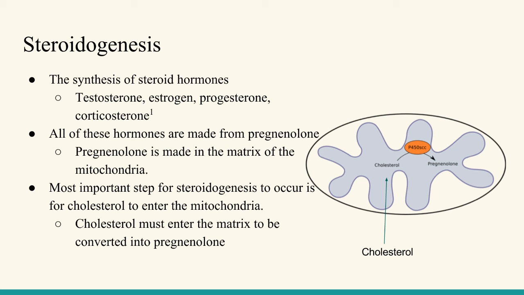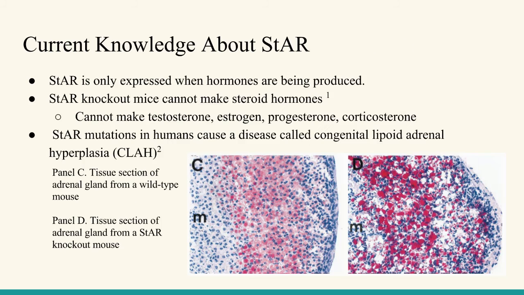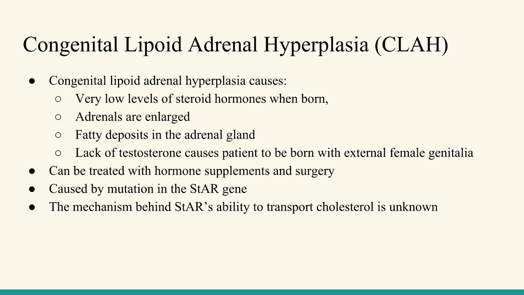Progesterone, for purposes of this class, basically works like estrogen, and corticosterone kind of works with your thyroid gland, I believe. So that's essential to life. If you don't have it, then you essentially have CLH.